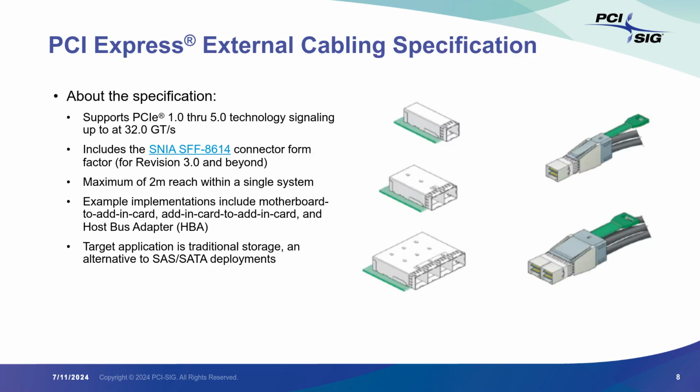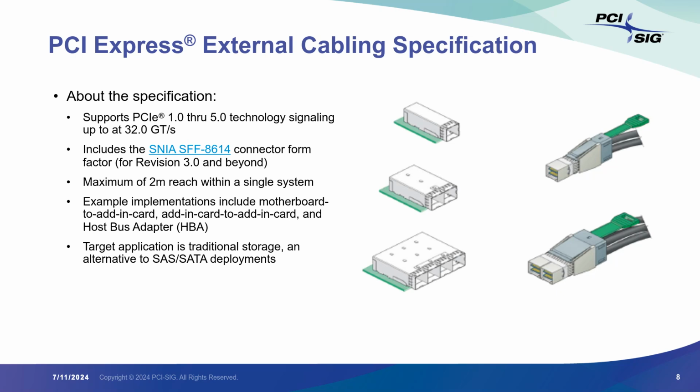If we look at the external cabling specification developed in the cabling work group, it's focused around the SFF 8614 form factor since revision 3.0 and beyond. I mentioned they changed form factors a few times. Our 1.0 and 2.0 specifications were self-contained with form factors defined in those specifications.